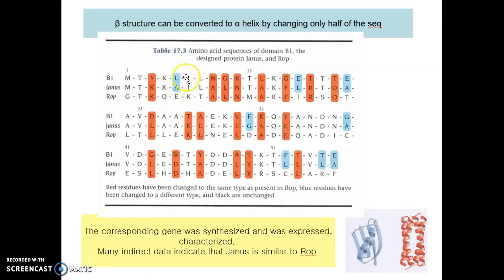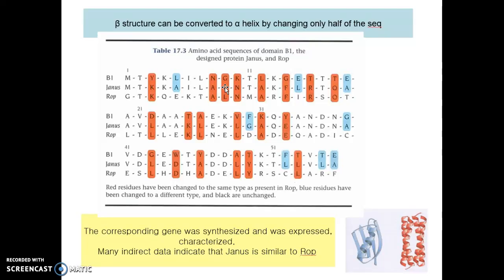In this table, you can see the amino acid sequences of three proteins: the starting domain B1, and the designed protein Janus, and Rop. Janus contains 28 changes.